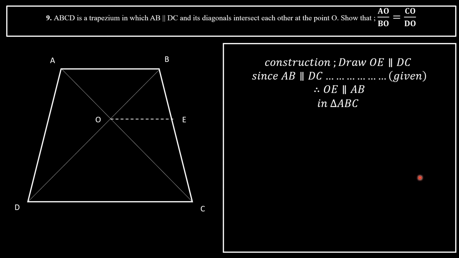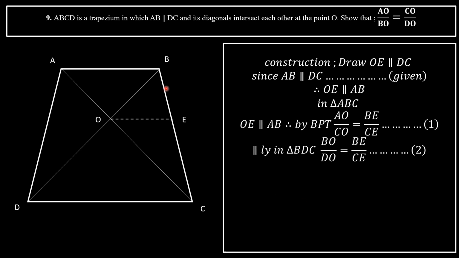So now in triangle ABC, OE is parallel to AB. So by BPT, we can write that AO upon CO is equal to BE upon CE. Right? Similarly, in triangle BDC, since this is parallel to this, BO upon DO is equal to BE upon CE.